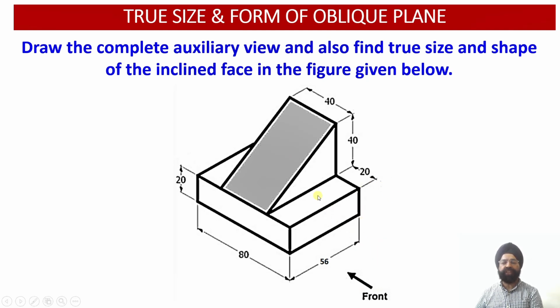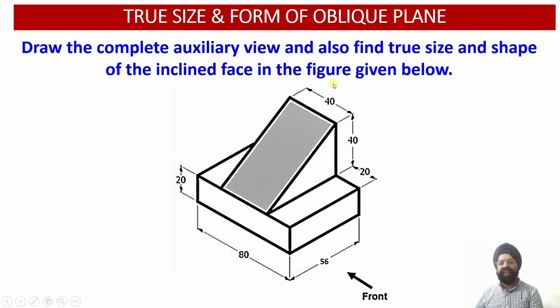orthographic projections of the solid, wherein the edge view of the cut surface will be available to us. Then we will plot the top view projections of the solid, in which the apparent shape of this surface will be observed. And then we are going to draw an auxiliary inclined plane parallel to this surface.